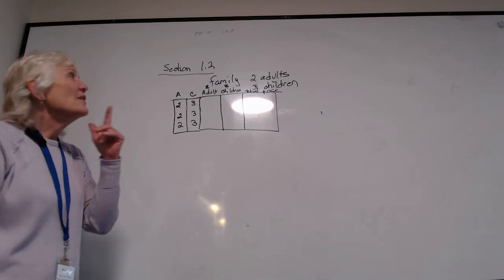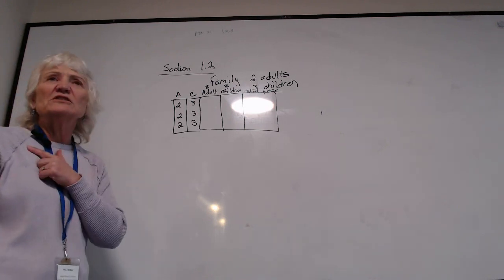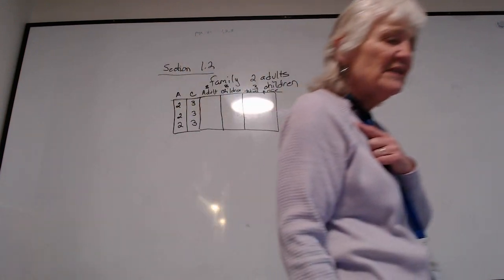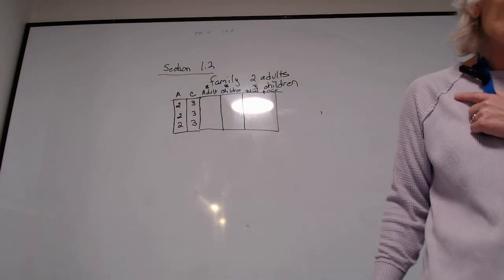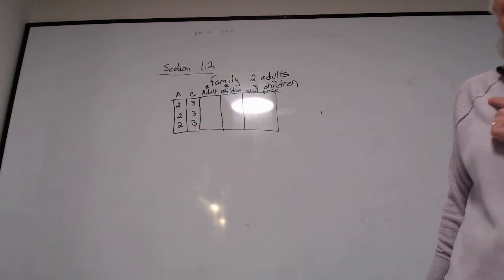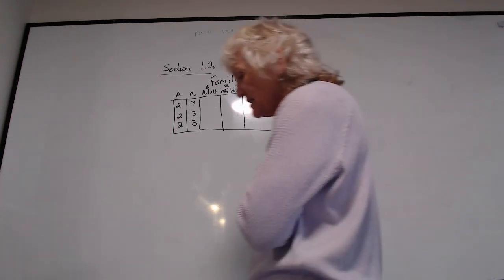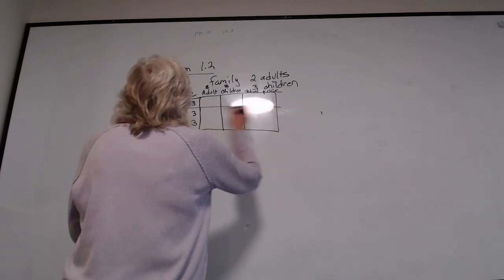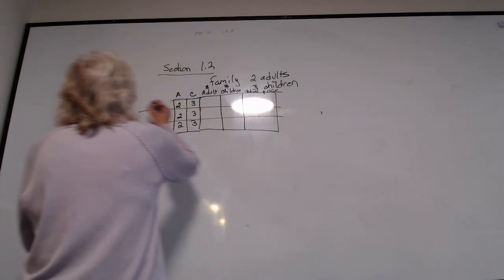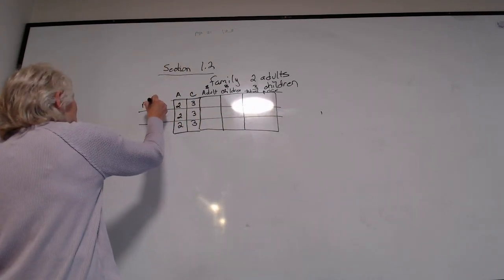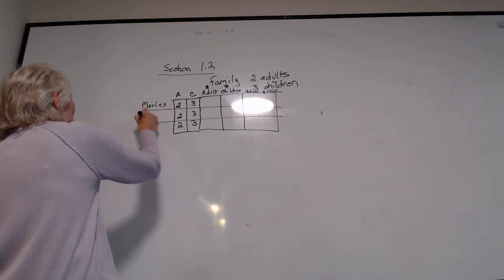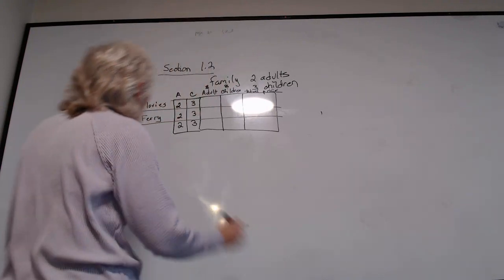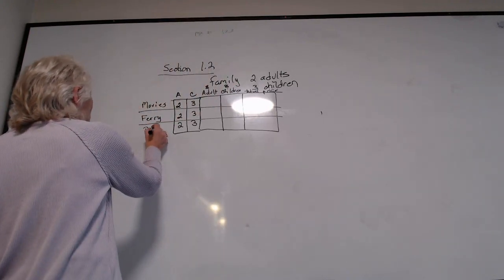Okay? The price is what's changing depending on what you're doing. If you're going to the theaters, the movie tickets are different, the ferry boats are different, and the water parks are different. So the total price is going to change depending on where you're going. So this is movies. This is a ferry. And the last one was a water park. So I'm just going to call it park.